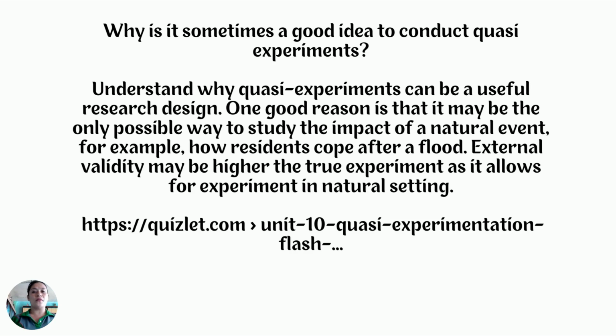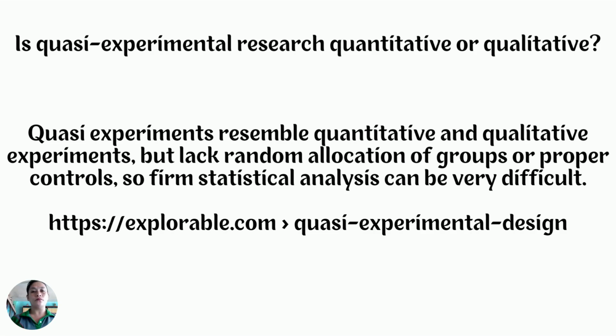Understand why quasi-experiments can be a useful research design. One good reason is that it may be the only possible way to study the impact of a natural event, for example, how residents cope after a flood. External validity may be higher than the true experiment as it allows for experiment in natural setting.